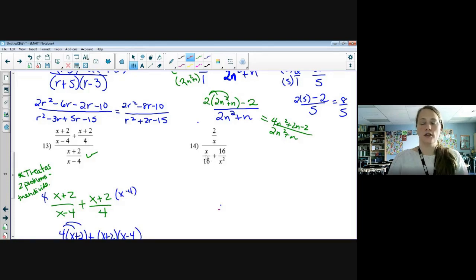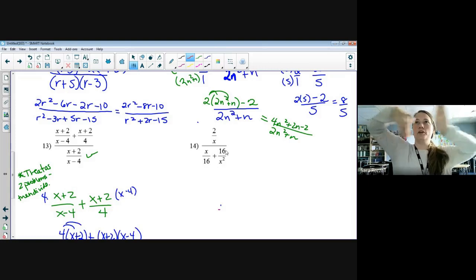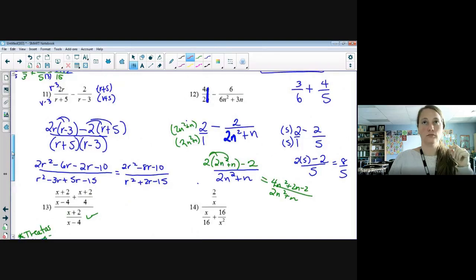So you need x squared on this side, 16 on this side. Once those are combined, then it'll be 2x times whatever that is flipped over. You'll be able to simplify from there. Okay, so it's just putting together dividing, multiplying, and addition. We did a lot of work, huh?